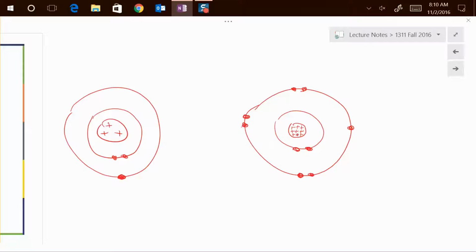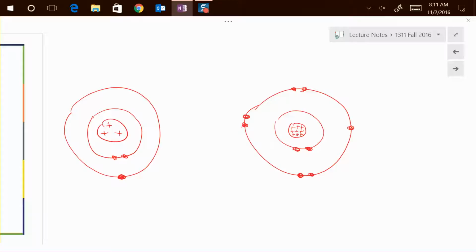So we contrast that with fluorine here, which has 9 protons. Those 9 protons very easily push through those first 2, and they grab those outside electrons and pull them in tight. So the electron cloud contracts, and it's being held tight.